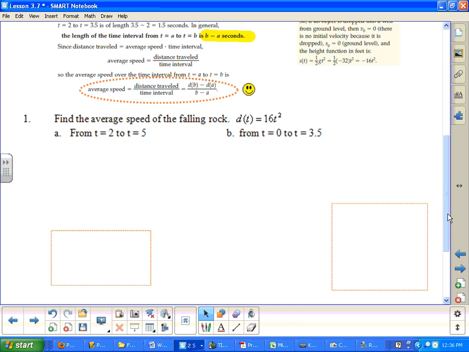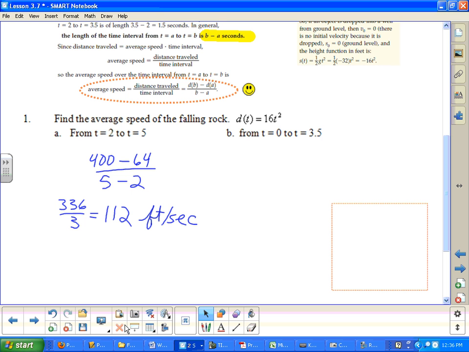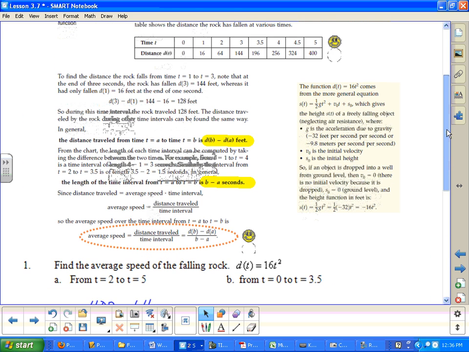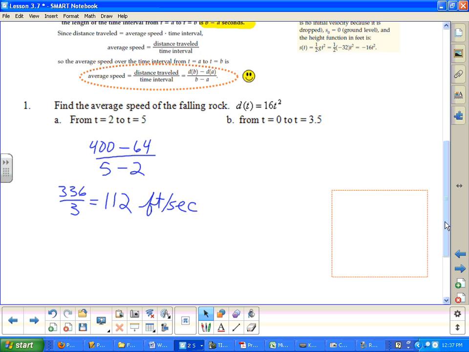So for part A, from 2 to 5 seconds, you should have found that it's 112 feet per second. At 5 seconds, it had traveled 400 feet. At 2 seconds, 64. So I take 400 minus 64 and divide by 5 minus 2.